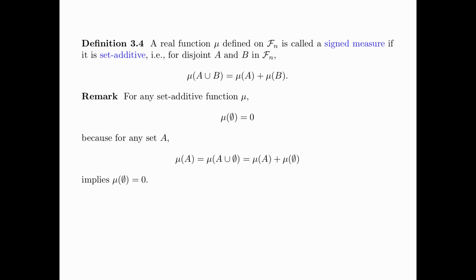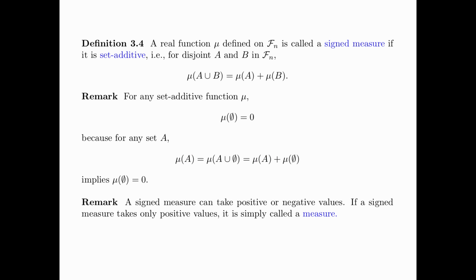So now we have mu A equals mu A plus mu of the empty set. After cancelling mu A, we see that mu of the empty set is equal to 0. A signed measure can take positive or negative values. If a signed measure takes only positive values, it is simply called a measure.